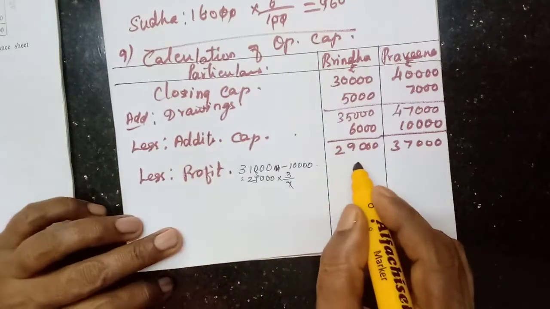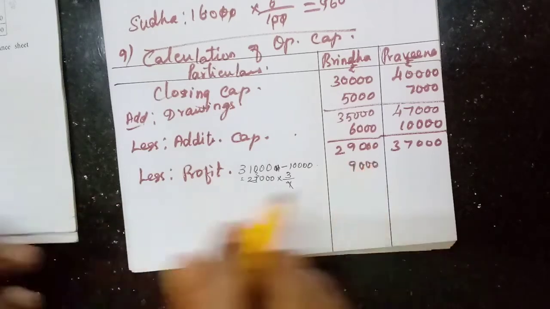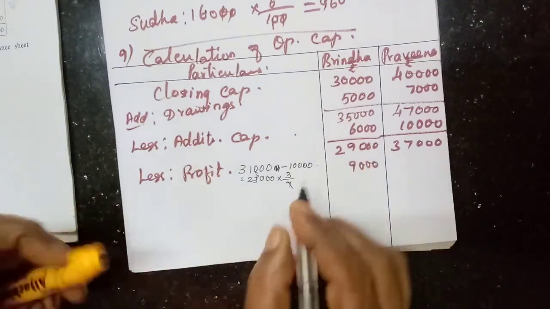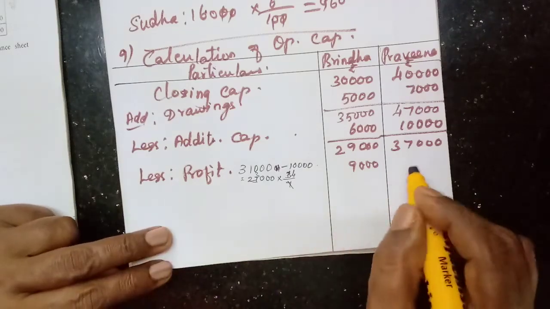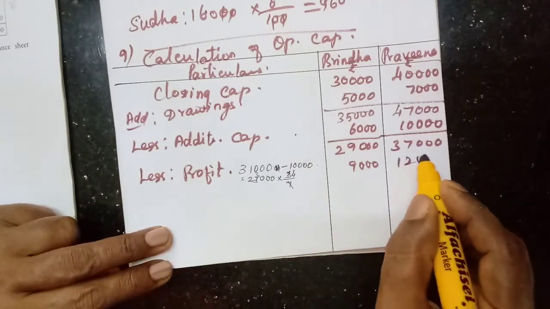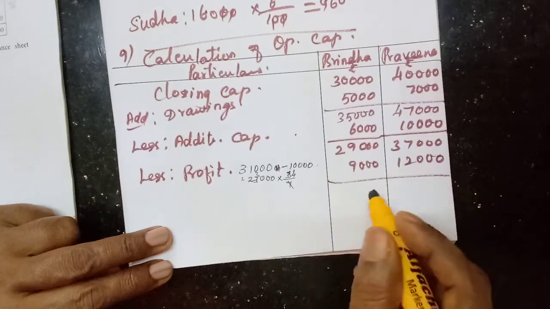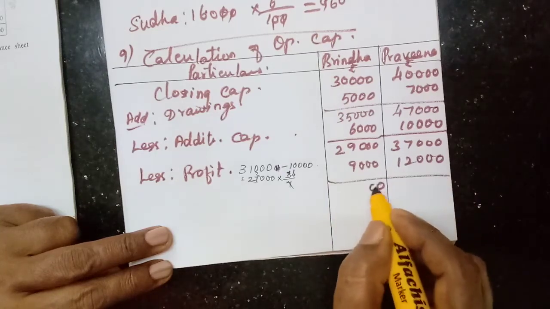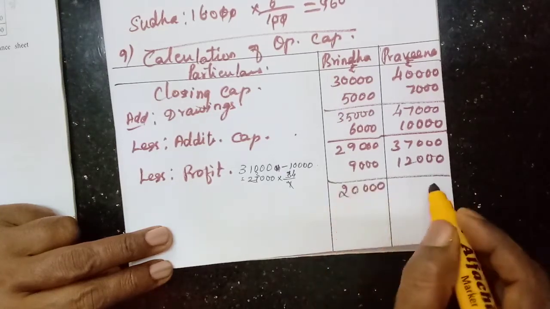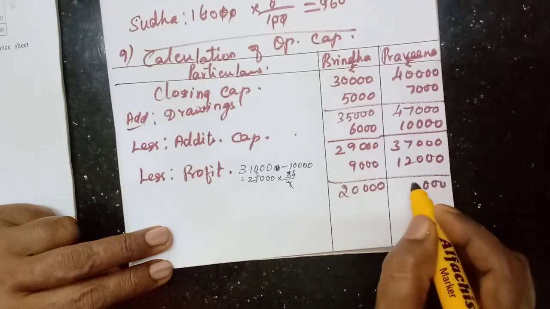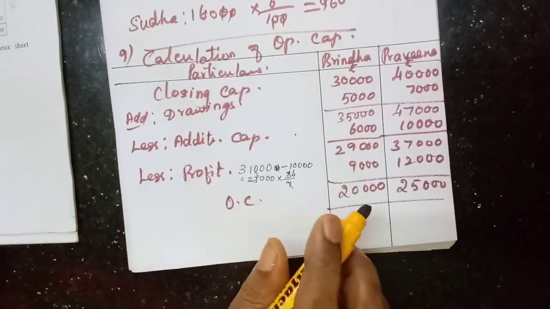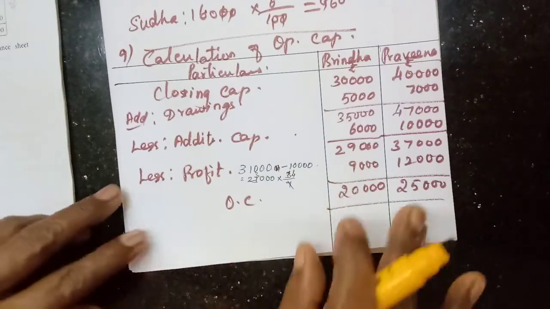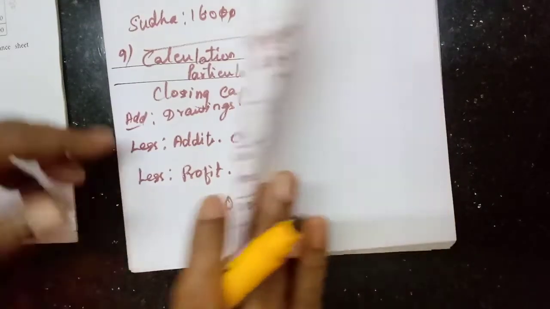Okay, 9,000 for the first partner, then into now 4. So 3 into 4, 12,000 for the second partner. Understood? Now you less 20,000, 25,000. This is the opening capital. Okay. Now we will calculate the interest on capital.